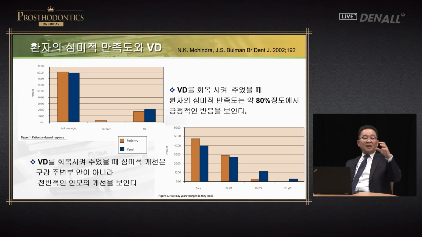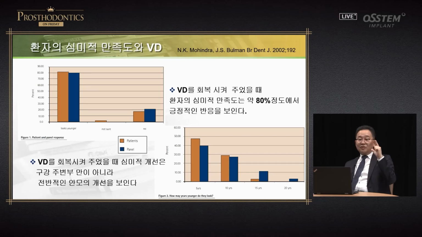When VD was restored, the patient's aesthetic satisfaction level was about 80%. People thought that the patient looked much younger. If you look over here, this is a very good situation for the patient and for me. When VDO is appropriately restored, about 80% responded positively.